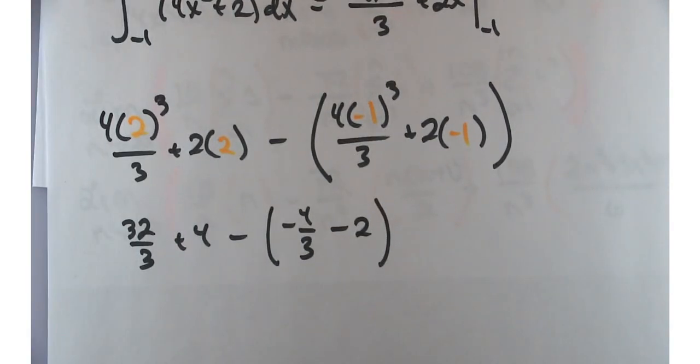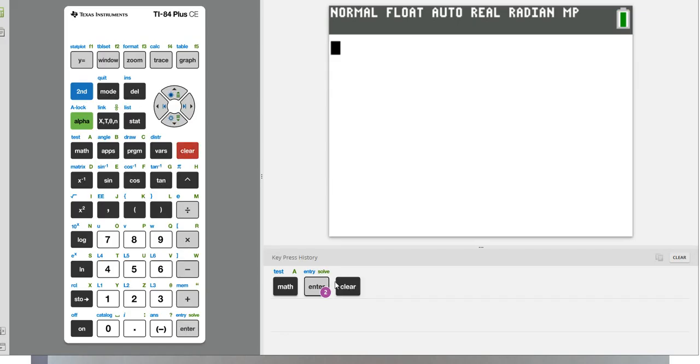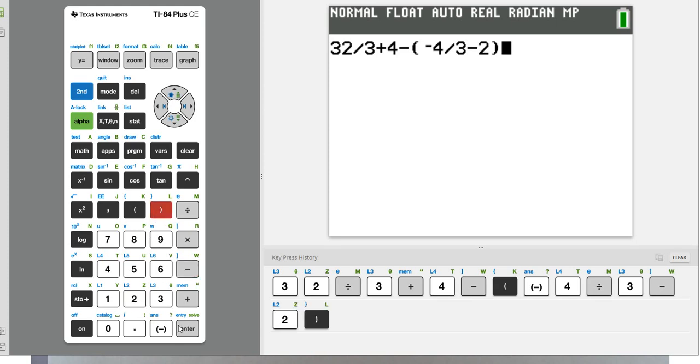And again, I'm not giving you extra points for straining your brain and doing this stuff by hand. Let's just do it all out on our calculators. 32 divided by 3 plus 4 minus parentheses -4 divided by 3 minus 2, close parentheses.